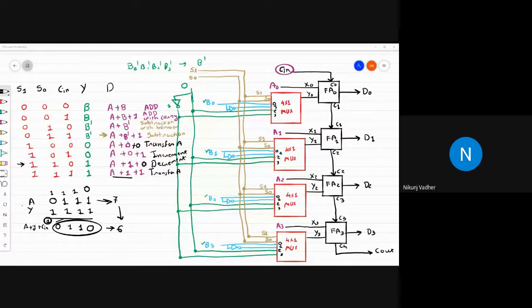So this is what I wanted to cover in this lecture. If anybody has any doubt or any question, then you can let me know, and I will clear your doubt. Don't worry about subtraction with borrow. You should simply remember it.